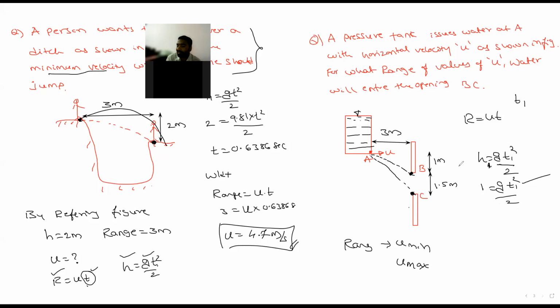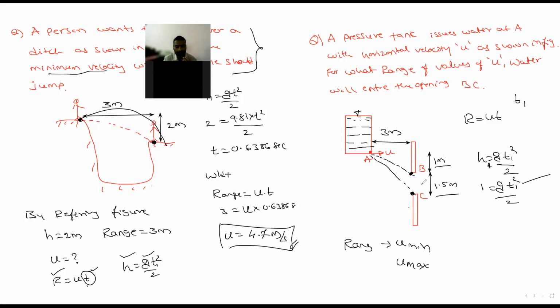नहीं नहीं, 1.5 नहीं लेने का. देखो, this is not exactly, इधर 1 मीटर है. This is different height, this is different height. T1 height is different, T2 height is different. The velocity between them is the range in which the water is passing.